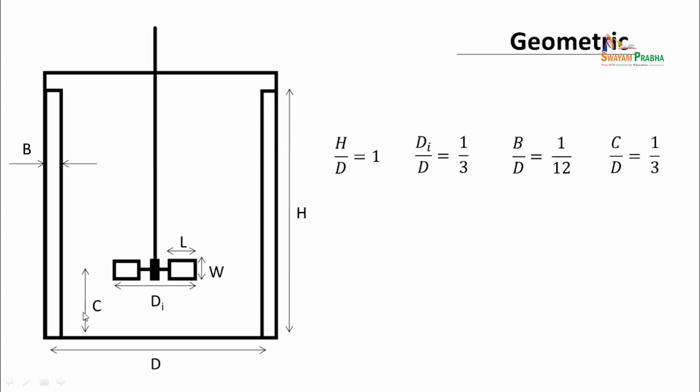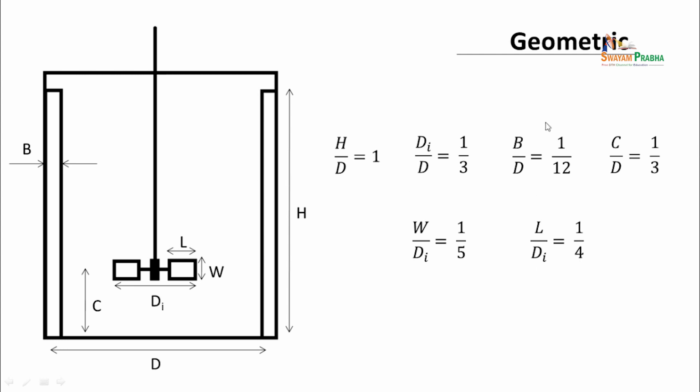C, the distance from the bottom of the tank to the impeller middle, divided by the diameter, should be 1/3. Also, W, the width of the impeller blade divided by the impeller diameter, should be 1/5, and L, the length of the impeller blade divided by the impeller diameter, should be 1/4.